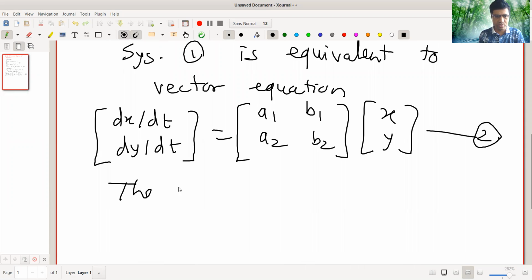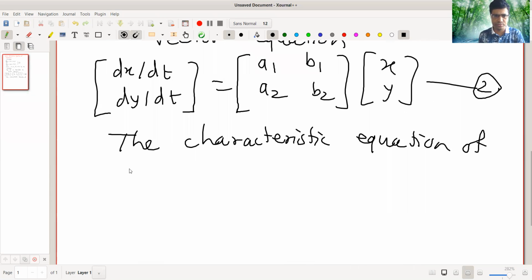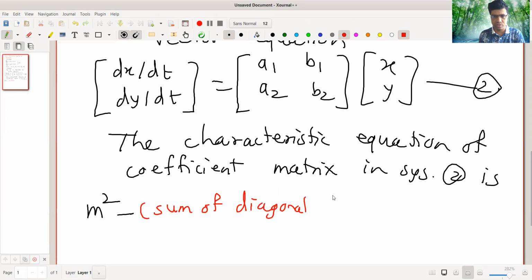The characteristic equation of coefficient matrix in system 2 is m square minus sum of diagonal entries into m plus determinant of coefficient matrix equal to 0.